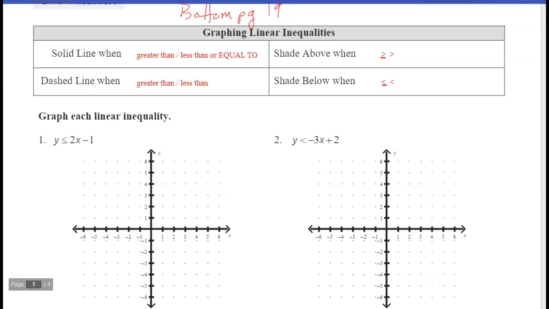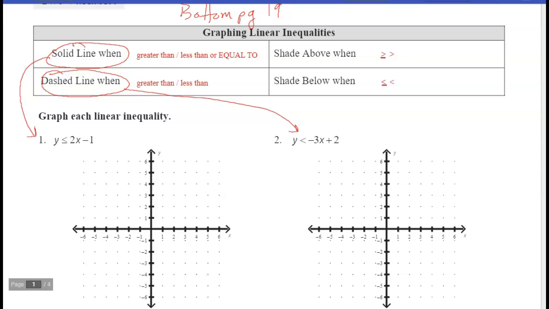So some quick definitions. Here's some little guidance, and these are the things that you need to know going forward for your test. The solid line is like down here at number 1 when it has the line underneath it. It's a dashed line like over here.